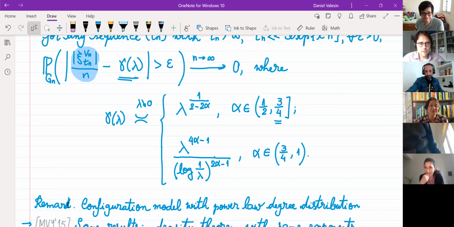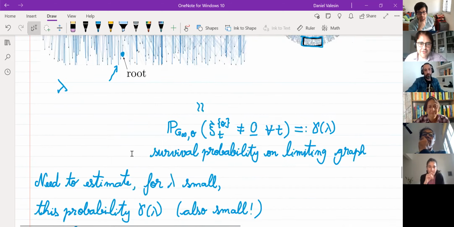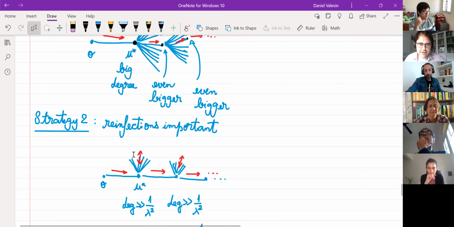Well, I wanted to ask about 3/4. Any intuition behind 3/4? I don't have a quick answer of the type, that's when the second moment or anything quick like that. What I had planned to show is that you find some different strategies for the infection to survive.